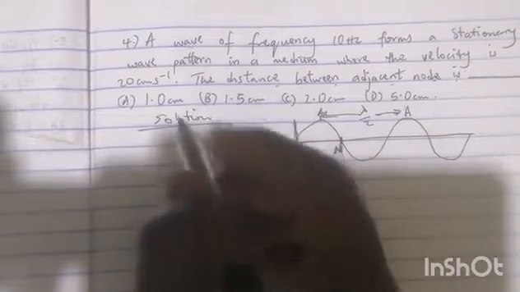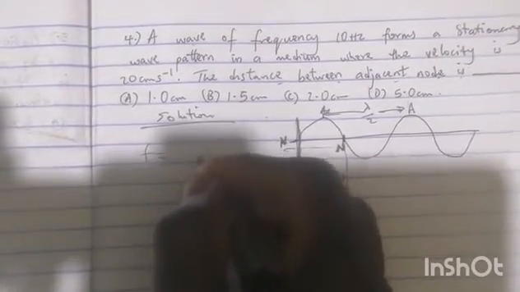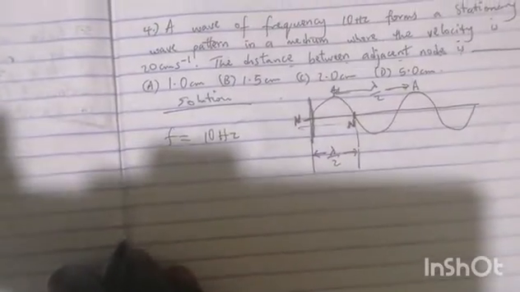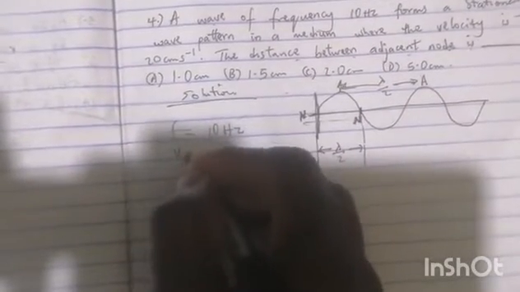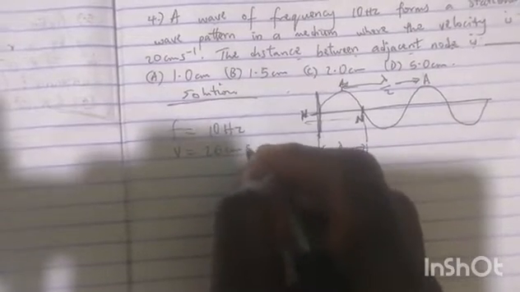In this question, the frequency of the wave is given as 10 hertz, and the velocity v equals 20 centimeter per second.